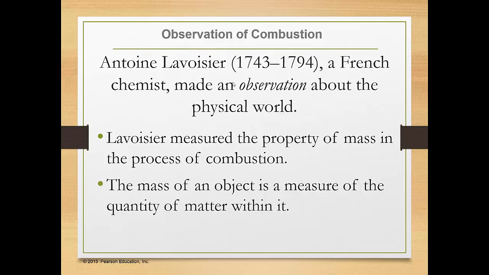So what he wanted to know was, what was the effect on the mass of a substance of this process? The mass of an object is just the measure of quantity of matter within it. Now, we relate the mass of an object to its weight. That's how we're able to make an observation of that here on Earth. But the mass is really just how much stuff is in there.